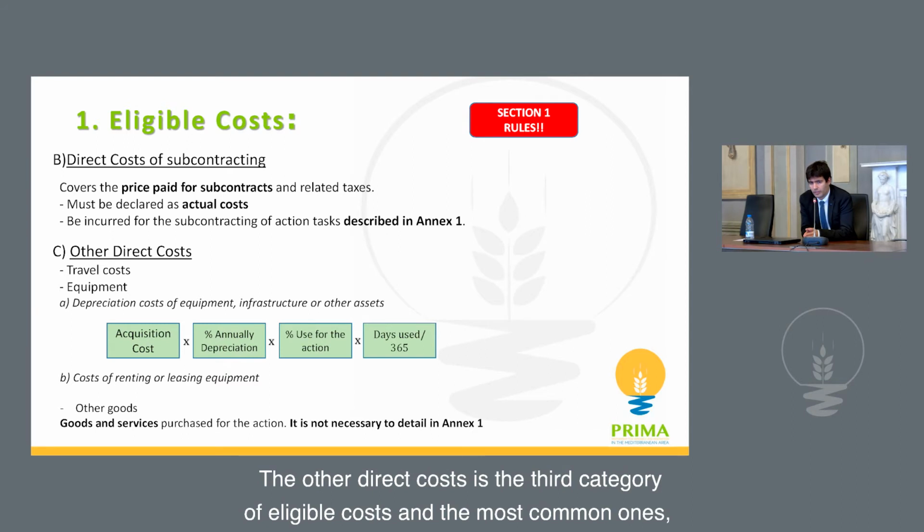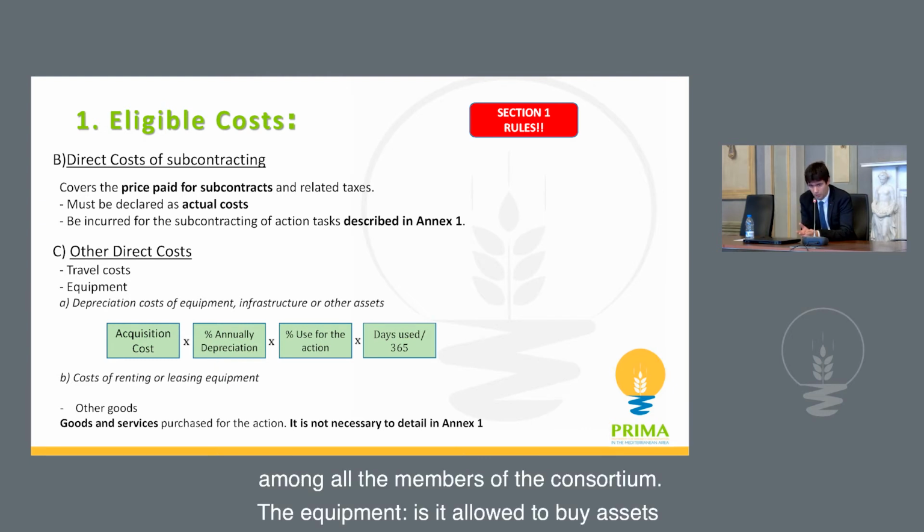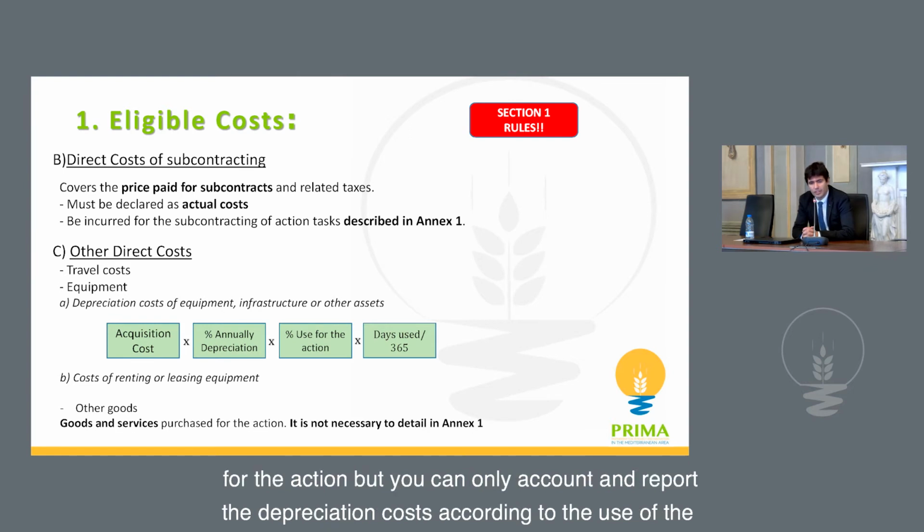The other direct cost is the third category of eligible costs, and the most common one is the travel cost to attend meetings, such as kickoff meetings, meetings among all the members of the consortium. The equipment, okay, is it allowed to buy assets for the action?